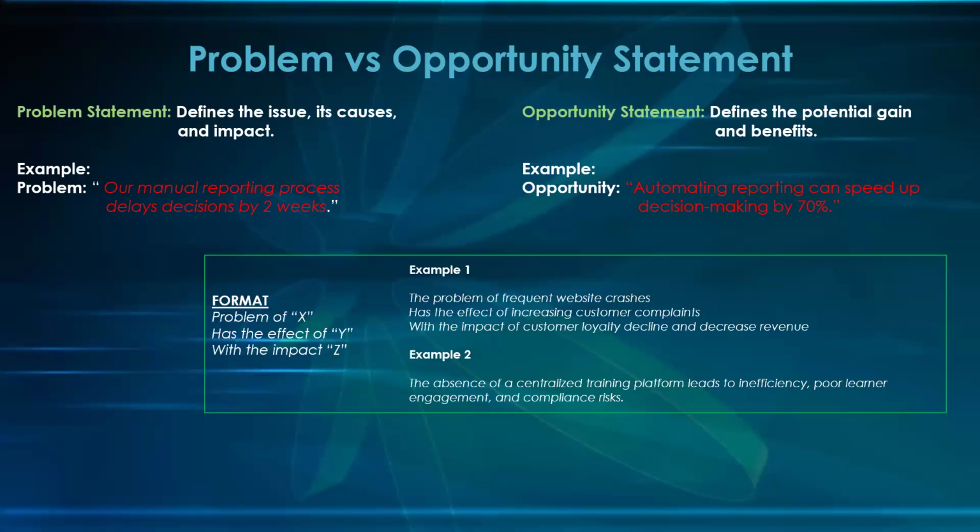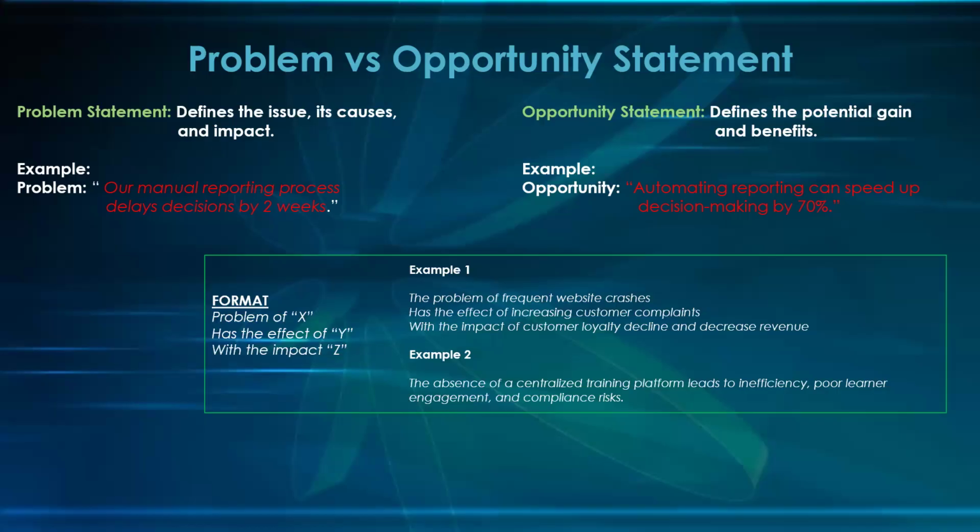If you look at the opportunity, automating the reporting can speed up decision making by 70%. So you can see benefits. It speeds up decision making. That's your benefits, the potential of whatever you want to do, the gain or the benefits. Now, this is an example.